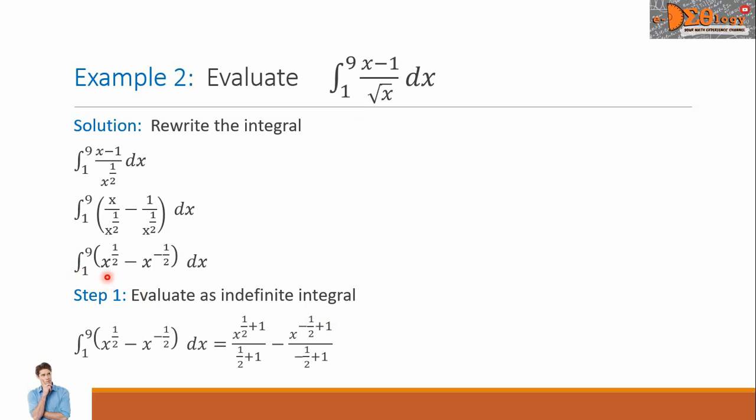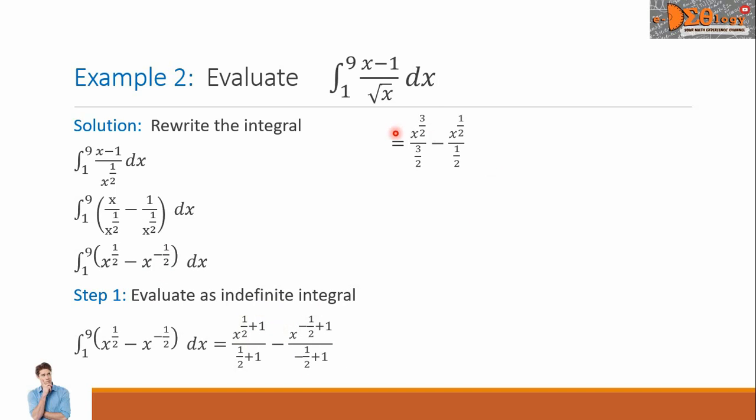Using the power rule, x raised to 1/2 becomes x raised to 1/2 plus 1 all over the denominator 1/2 plus 1, minus the integral of x raised to negative 1/2, which is x raised to negative 1/2 plus 1 all over the denominator negative 1/2 plus 1. Simplifying further, 1/2 plus 1 is 3/2.